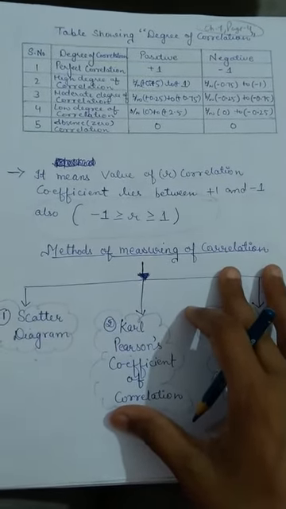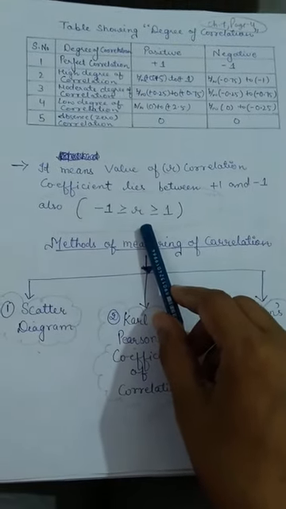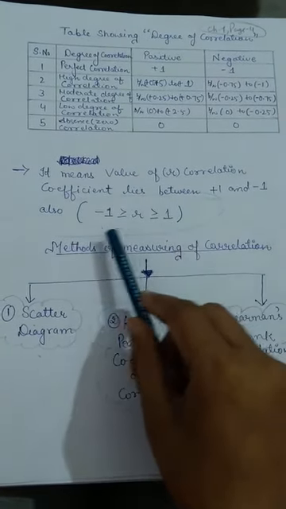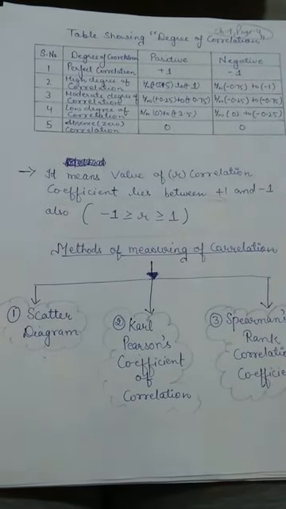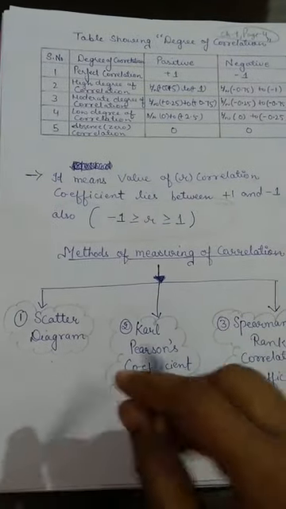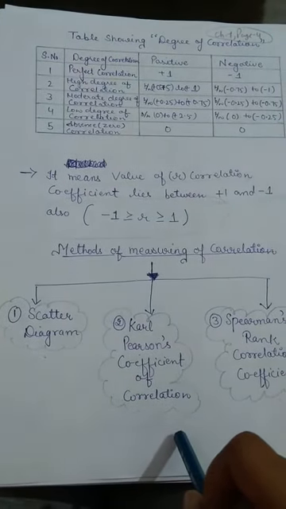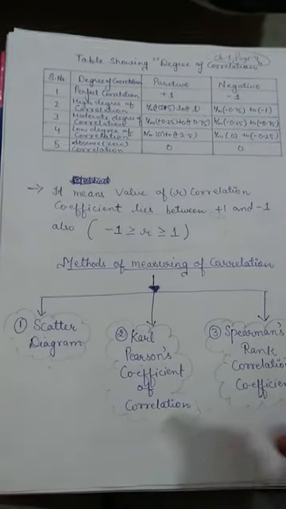Then you have done these various degrees of correlation. This was the table, and then again this value was mentioned that the correlation coefficient lies between -1 and 1. Means it cannot be less than -1, it cannot be greater than +1. Then was our scatter diagram, coefficient of correlation, then Spearman's rank correlation coefficient.